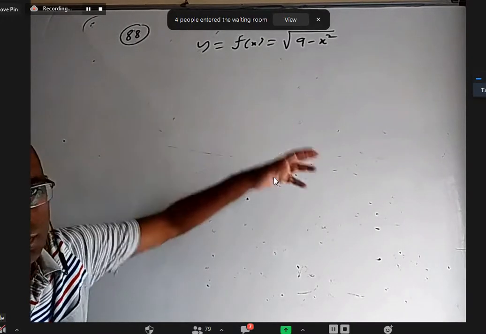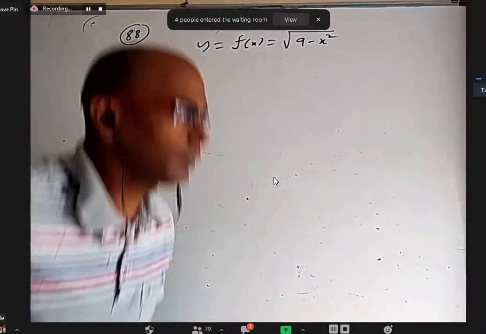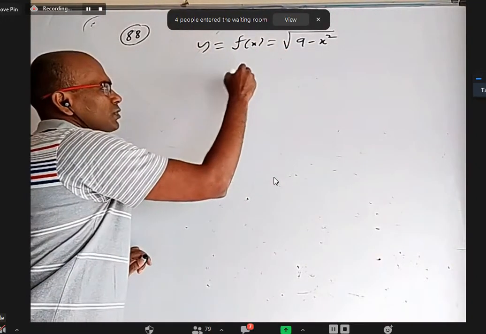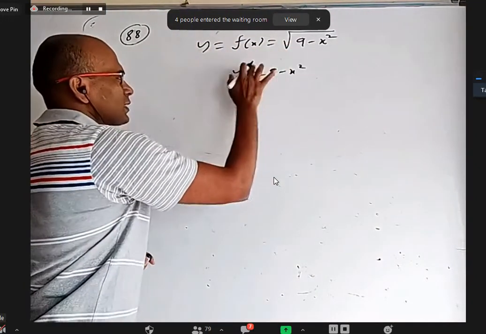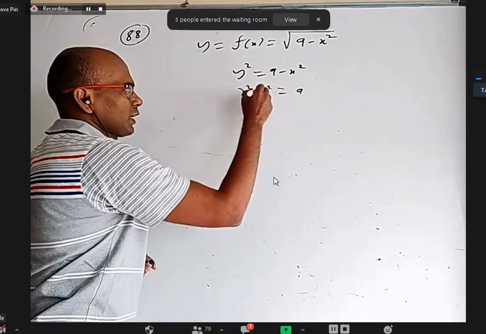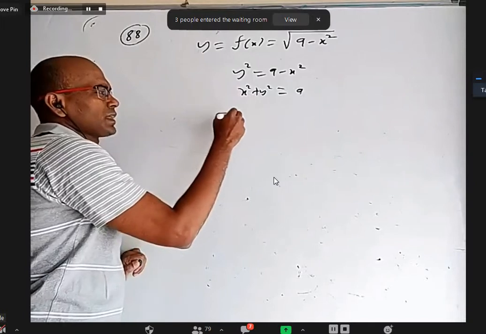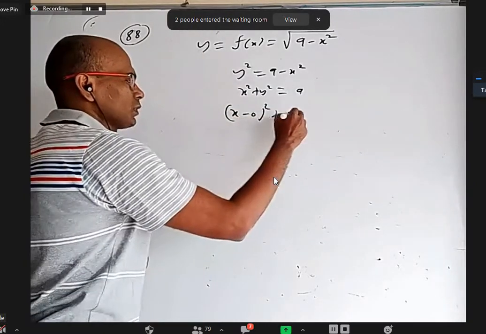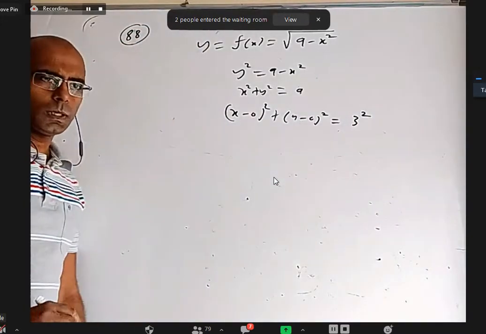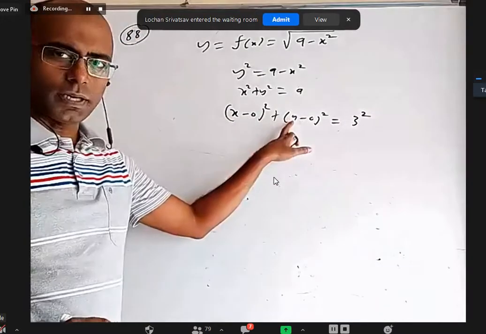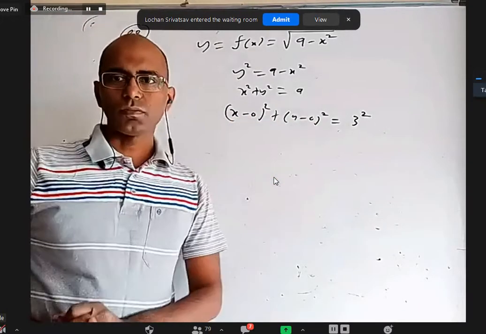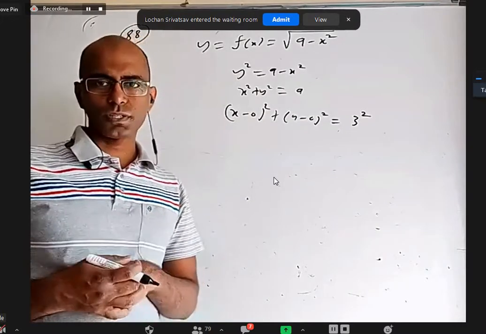And when you substitute 3, you will get the answer 0. But anyway, I want you to see graphically one thing. Squaring this, you get y square equal to 9 minus x square. Bring this side, you will get x square plus y square equal to 9. X square plus y square is basically like (x minus 0) whole square plus (y minus 0) whole square equal to 9. I can write 3 square. It is like the distance between (x, y) and the origin is 3 units. So actually this represents a circle with the center origin and radius 3 units.